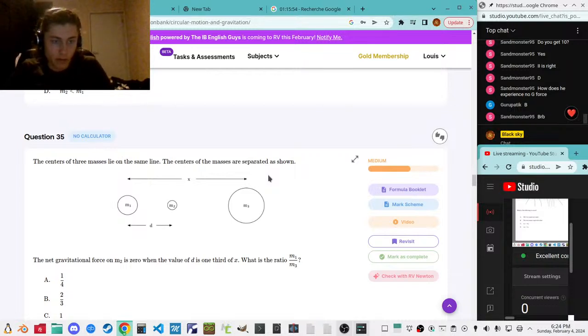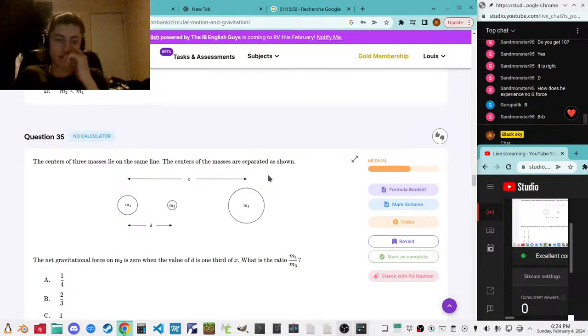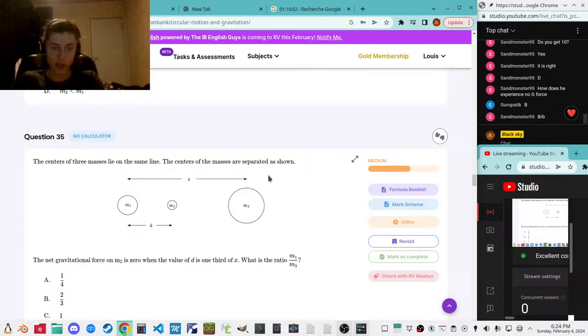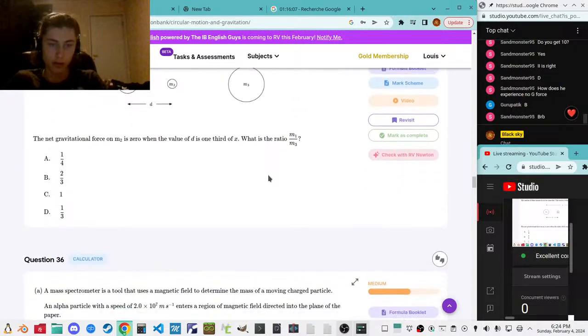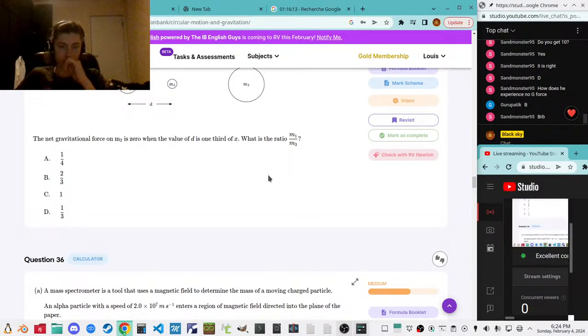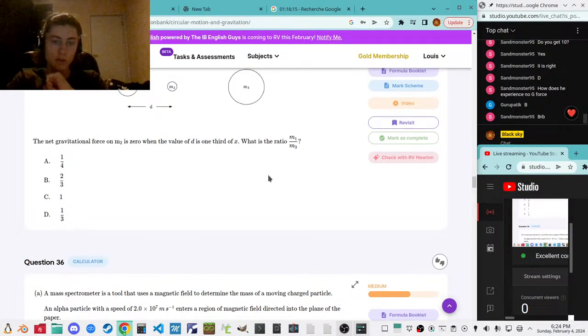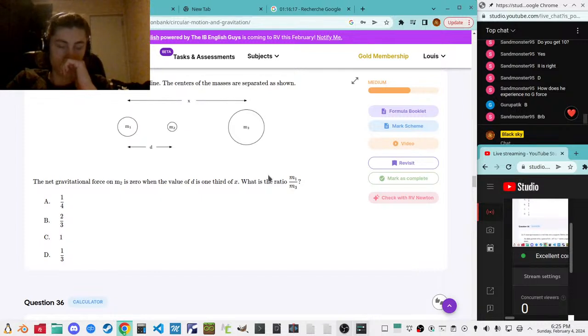The centers of three masses lie on the same line. The centers of the masses are separated as shown. The gravitational force is 0. The value of D is 1/3 of x. What is the ratio M1 to M3?